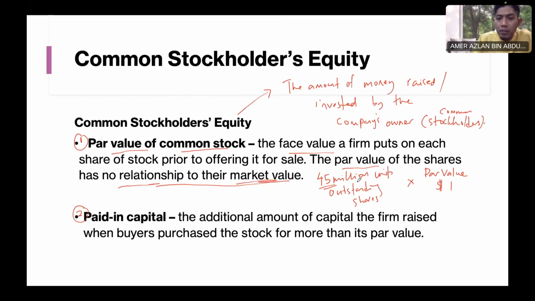So 45 million shares times $1 of par value is equivalent to 45 million dollars of par value of common stock. This is the amount of money invested. So the par value of common stock is 45 million.